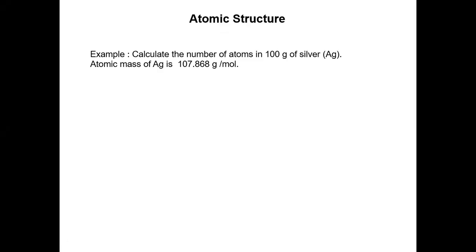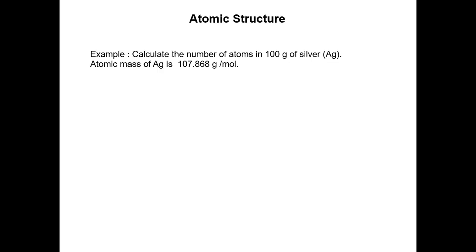Calculate the number of atoms in 100 grams of silver. How do you do that? You are given one piece of information. The atomic mass of silver is 107.868 grams per mole. So how do you find the number of atoms? Can you think?